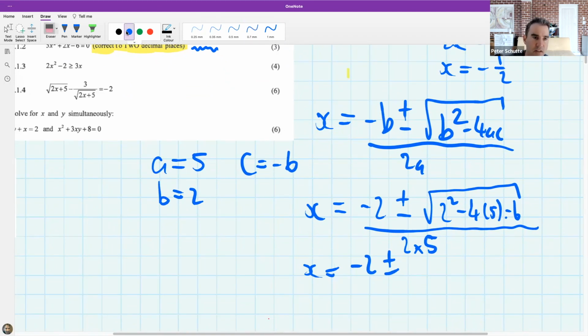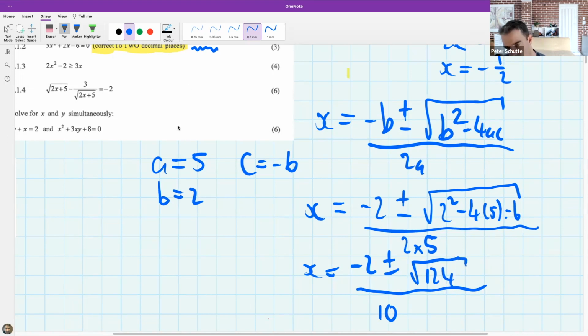So that bottom bit is going to be 10 for sure, because 2 times 5 is 10. And then we have 4. So it seems like we have a delta value of 124. And the delta value is this b squared minus 4ac.